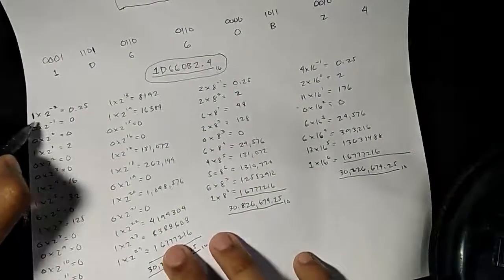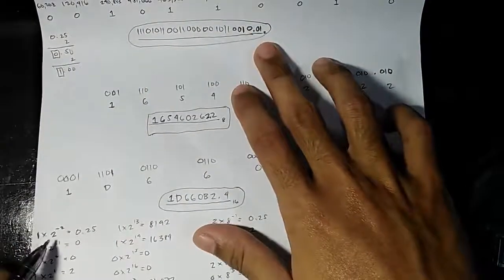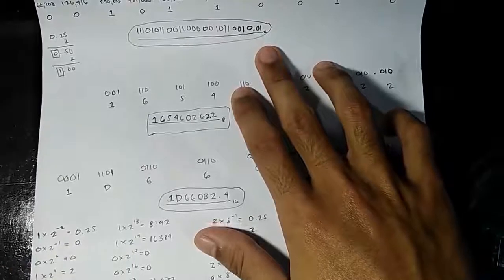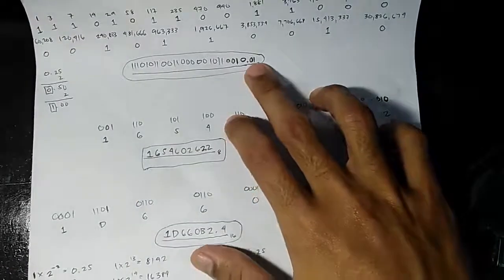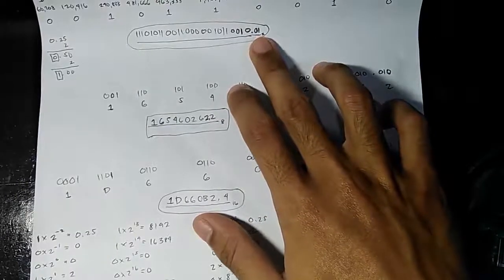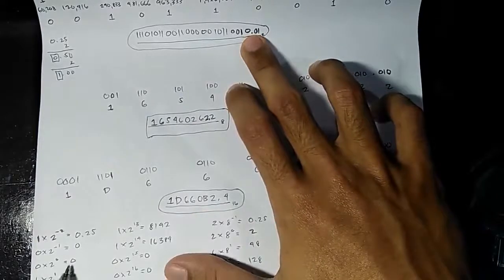So what you have to do, the 1 here is multiplied by 2 to the power of negative 2. That is equal to 0.25. And we have a 0 multiplied by 2 to the power of negative 1, which is 0. And then a 0 again multiplied by 2 to the power of 0, that is 0.